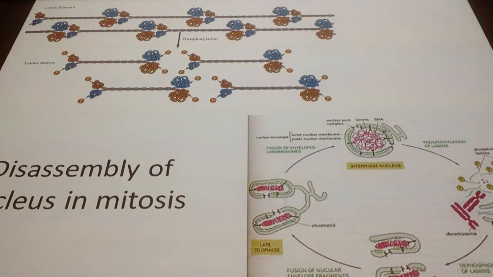And phosphorylation of lamin can be done on either free lamin or lamin that's already in the nuclear scaffold. So in addition to phosphorylating lamin that's already in the nuclear scaffold to allow for its disassembly, if you have free lamin around, then it will also be phosphorylated so that it will not be used for polymerization.